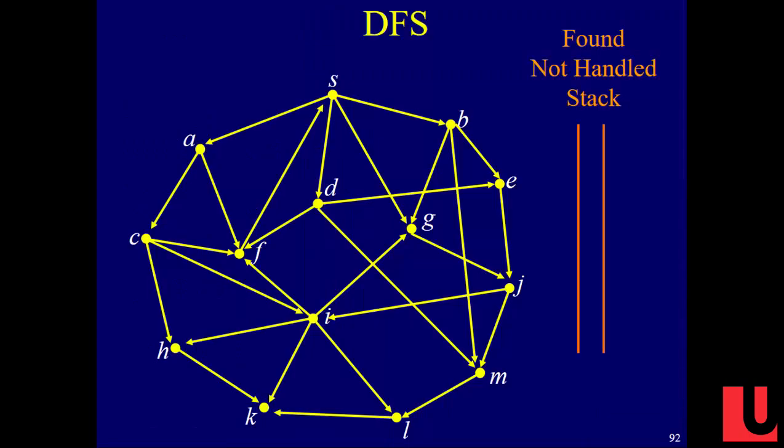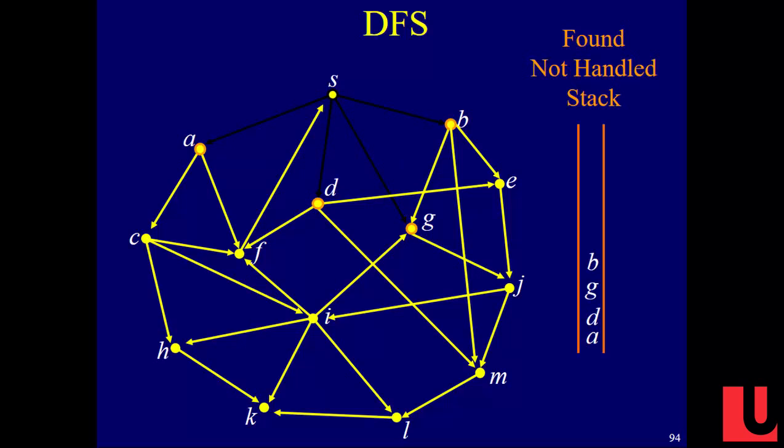All right, so now we're going to do depth first search, and as I said, we're going to put it in the stack. Yeah? All right, so we start with S found but not handled, so it's in the stack, and then we're ready to go. So we take the various nodes from S and handle them and put them on the stack.